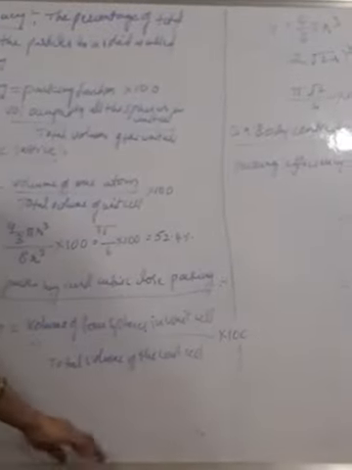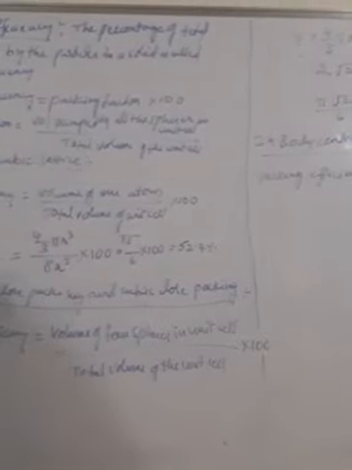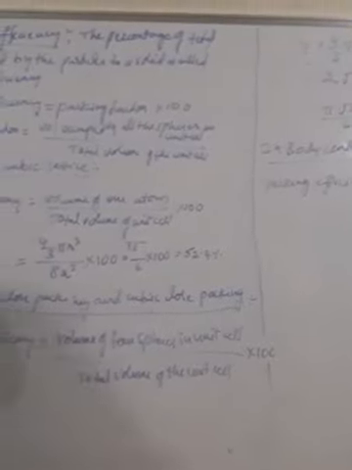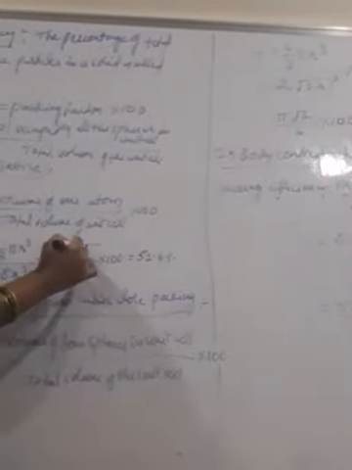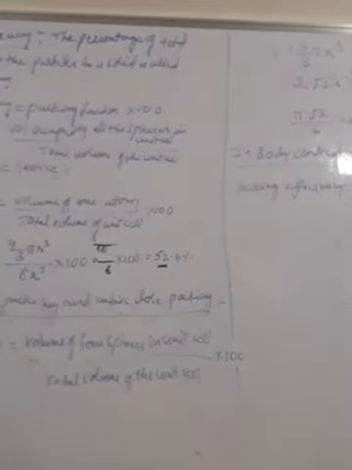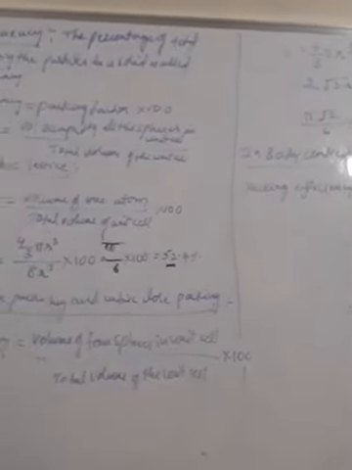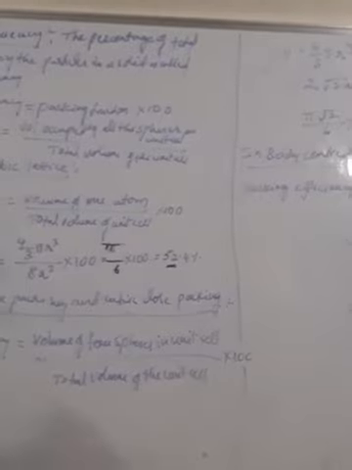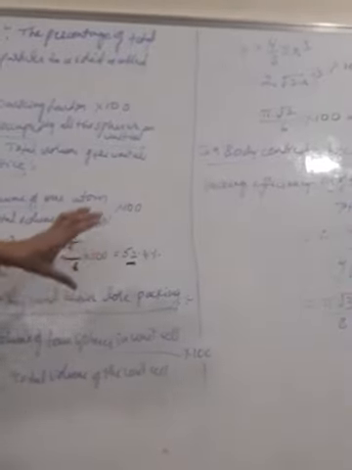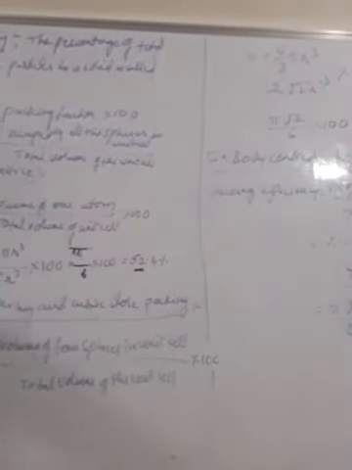It indicates that 52.4% of the unit cell is occupied by the sphere and the remaining space is empty space. So 52.4% is the packing efficiency of simple cube.